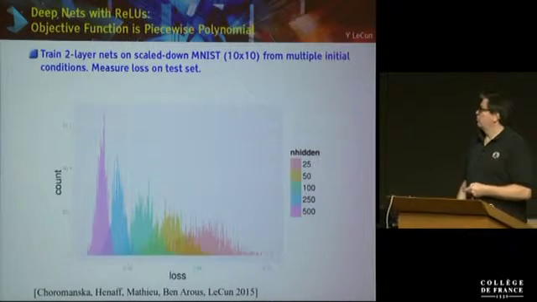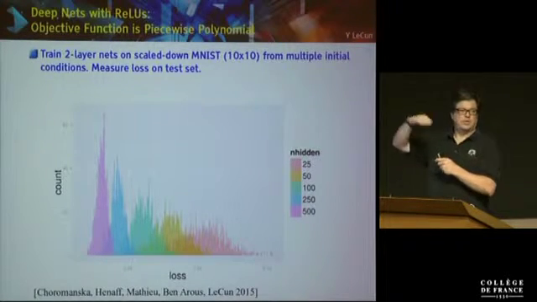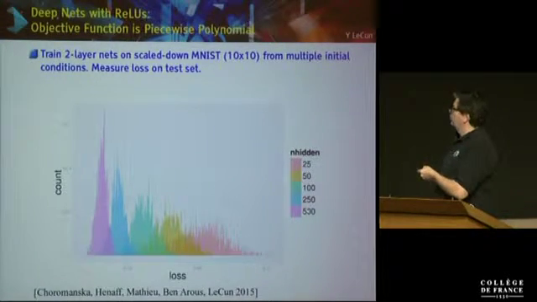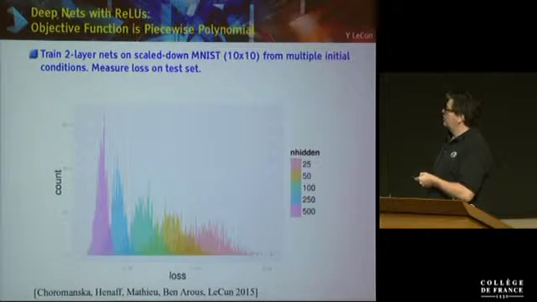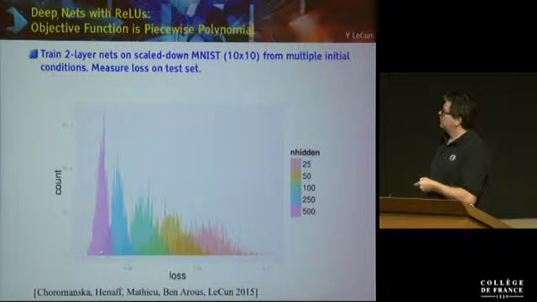We can verify that when you train neural networks. This is a neural network with hidden layers, and you vary the number of hidden units. You can see that when you repeat the experiment hundreds of times, with MNIST reduced to the dimension 10 by 10, we end up with a histogram.